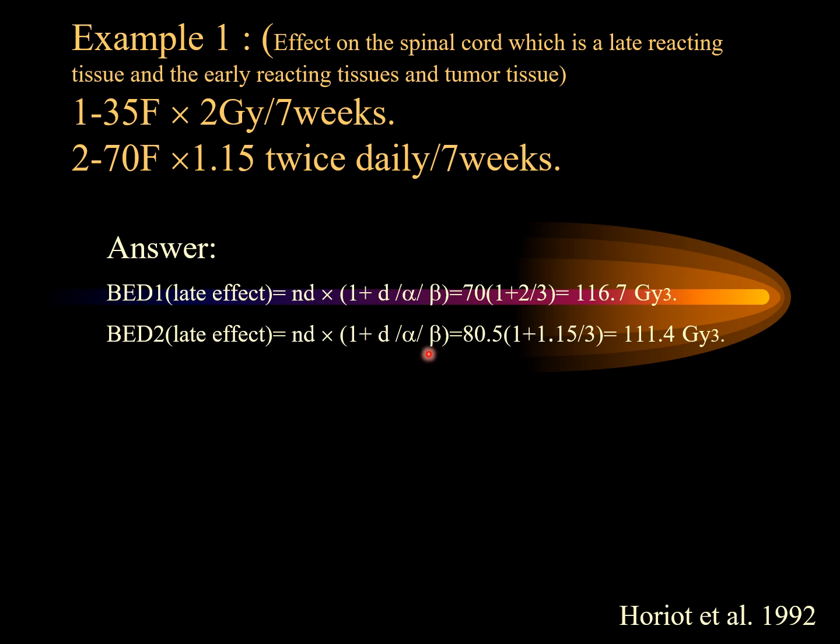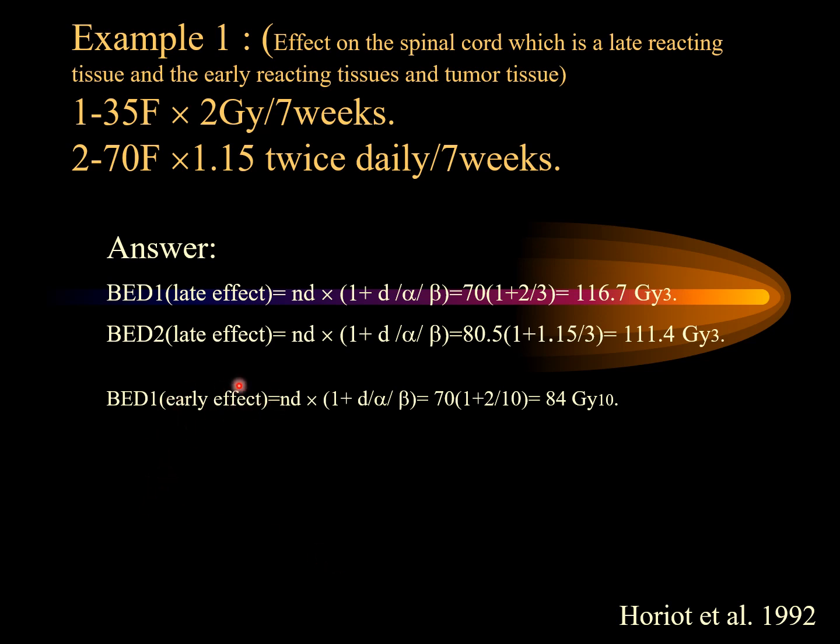The alpha beta ratio should be the same as we used before, because we are looking for the late effect. We are putting the alpha beta ratio of 3, and this is equal to 111.4. Please let me know if you didn't get these results, and maybe I did something wrong. I have to revise it, but I think I did it a long time ago and I haven't revised it since.